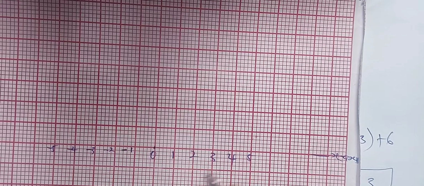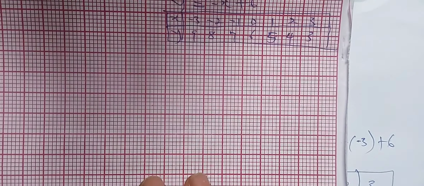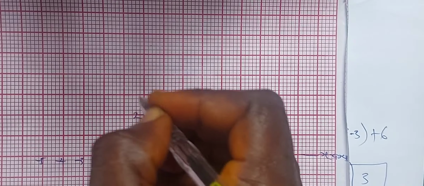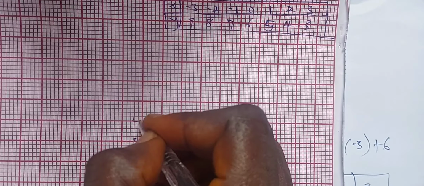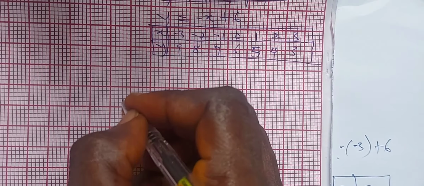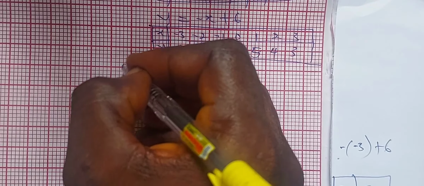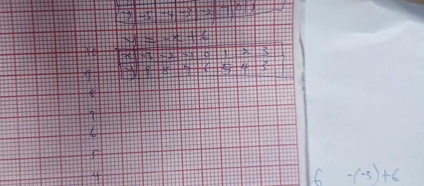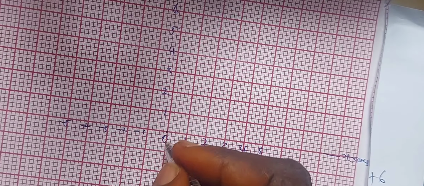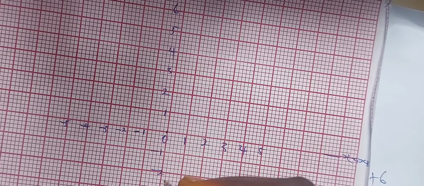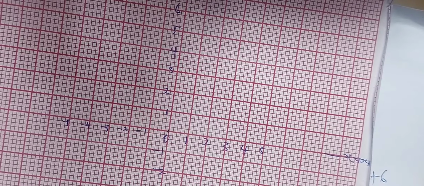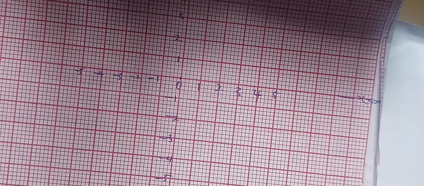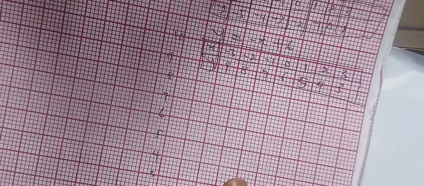On my y-axis, the upside is the positive. So you can have 1, 2, 3, 4, 5, 6, 7, 8, 9, and 10. The downside is also minus 1, minus 2, minus 3, minus 4, minus 5, minus 6. Okay, so that is it.